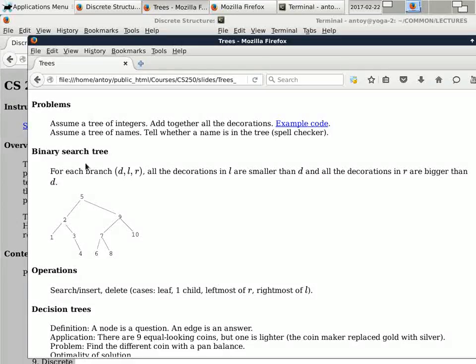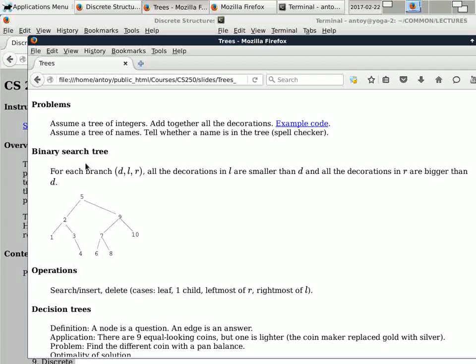So this is a totally ordered set. And we construct the tree so that all the decorations in the left child are smaller than the root, and all the decorations in the right child are bigger than the root, recursively. So this is the children of the children, the children of the children of the children, all the way down. Yes? It's a beautiful structure.